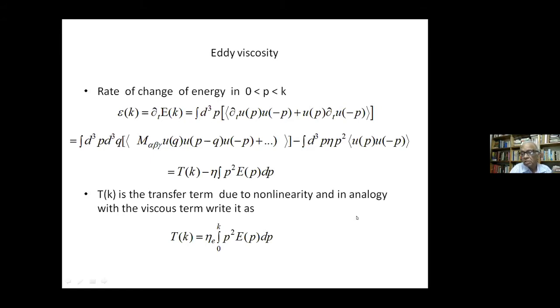The P square is the P square which you would have associated with the del square, and you are writing the transfer term in a similar manner with the coefficient being what is this eddy viscosity which people talked about earlier.